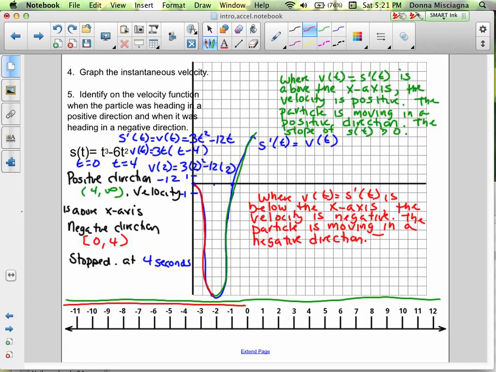And the slope of s of t is going to be less than 0. It's going to be negative. Right here and here, when v of t equals 0, the particle is stopped.